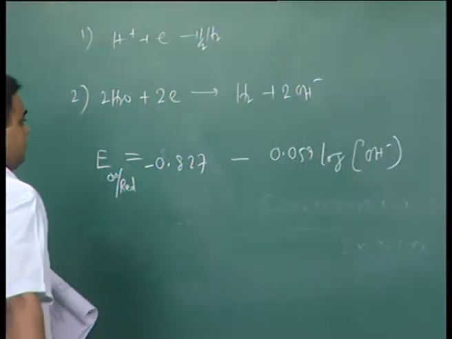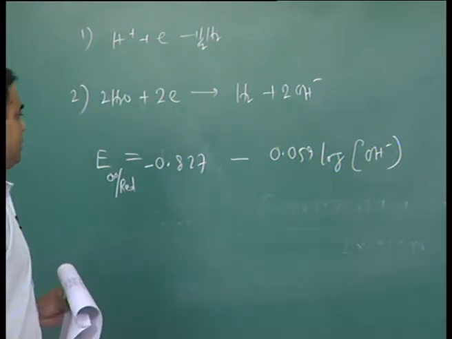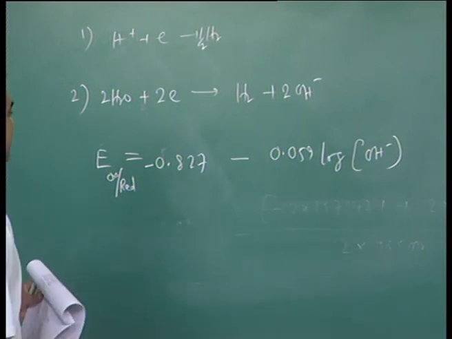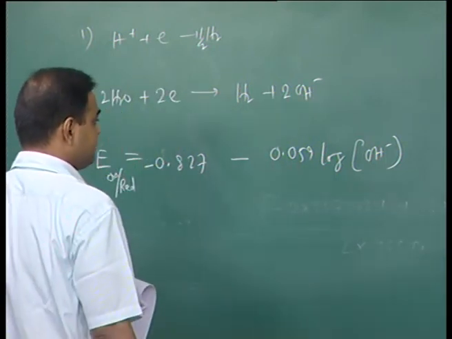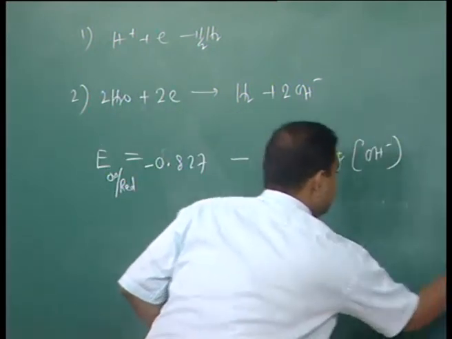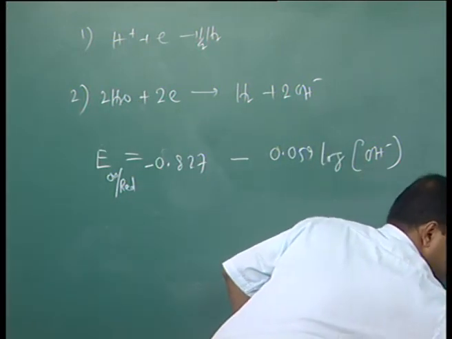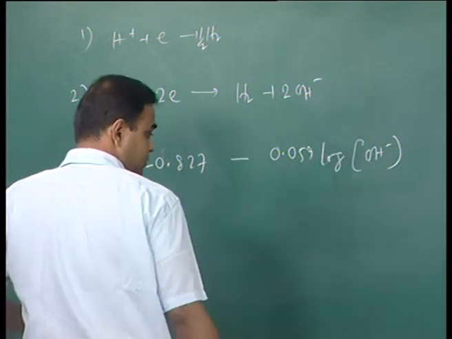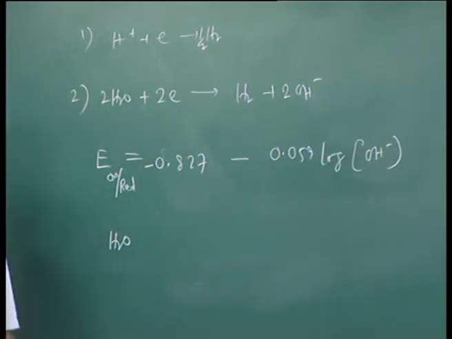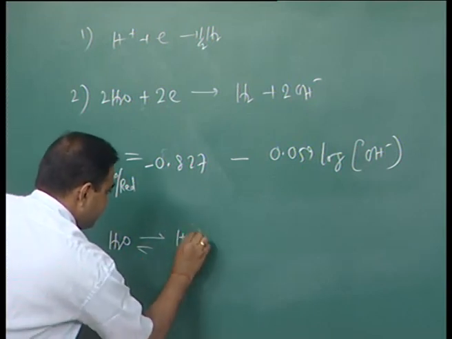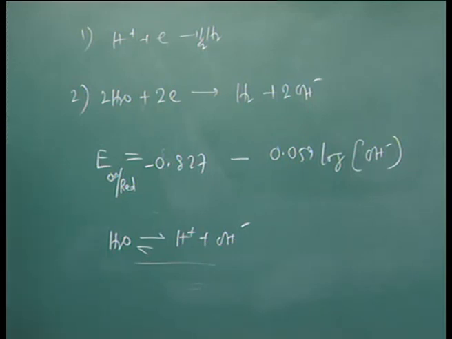0.827 with a minus sign. Now, OH- can also be converted into H+. This same thing can be written in terms of H+ ion concentration. How would we do it? Similarly for H2O, it can dissociate into H+ and OH- ions.